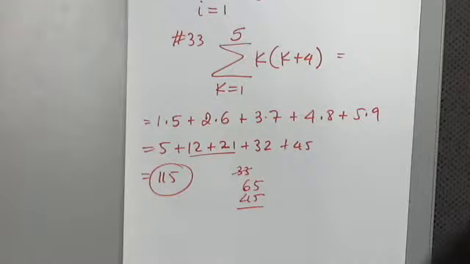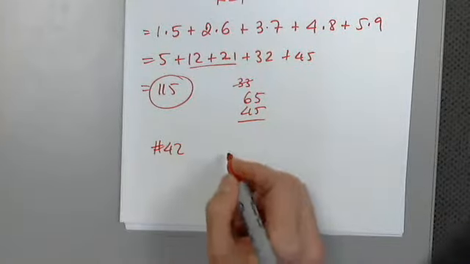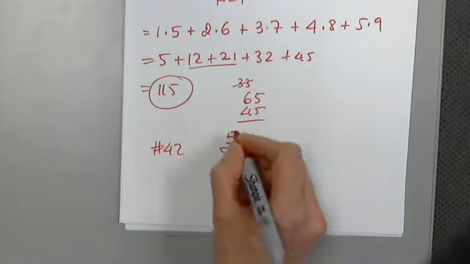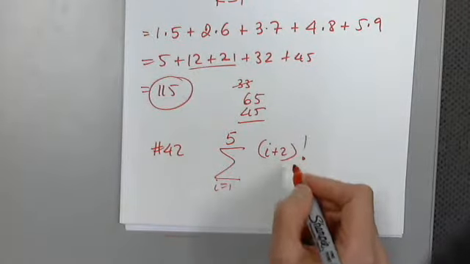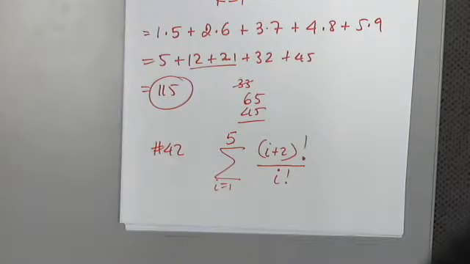Okay, let's look at another example like this, in which we are asked to calculate the sum. Okay, let's look at 42. Of course, we can get fancy. 42 is fancy. i equals 1 through 5 from (i plus 2) factorial over i factorial.